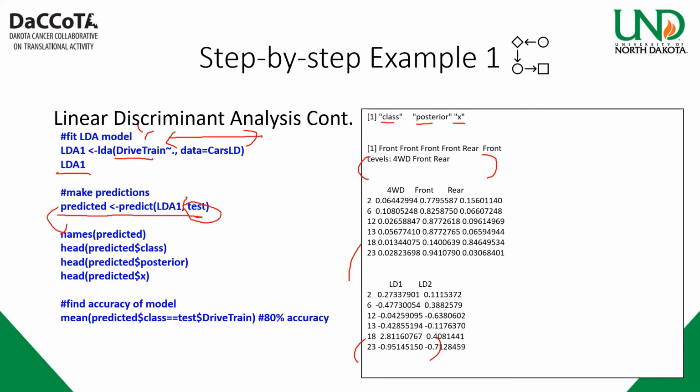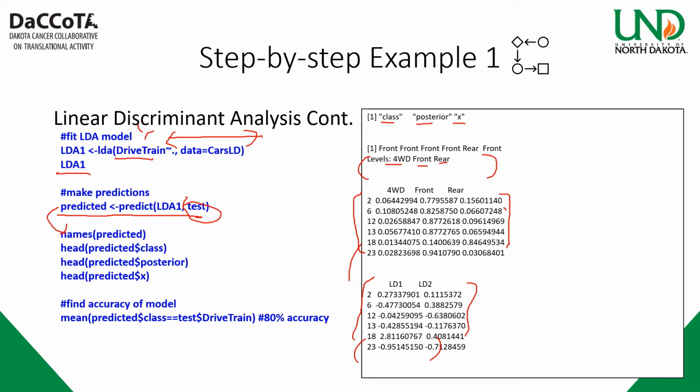So we can look at the different classes, which are four-wheel drive, front, and rear. That's the drivetrain. We can show our posterior values, and then find our predicted values. So you think of posterior and predicted values, that's Bayesian terminology.